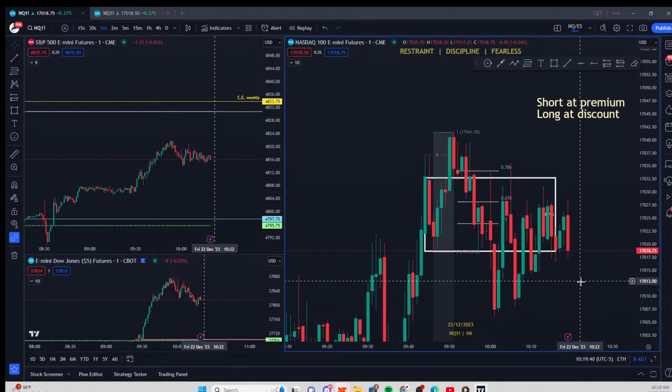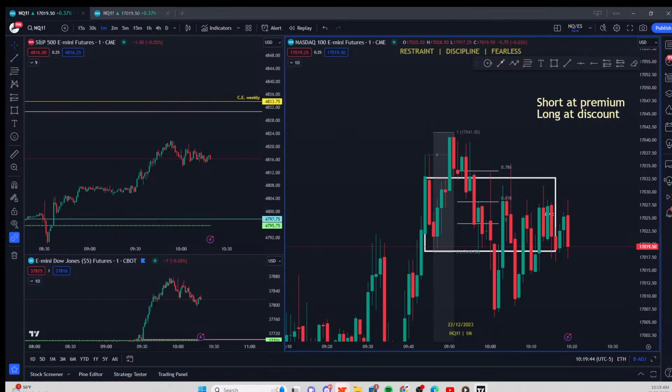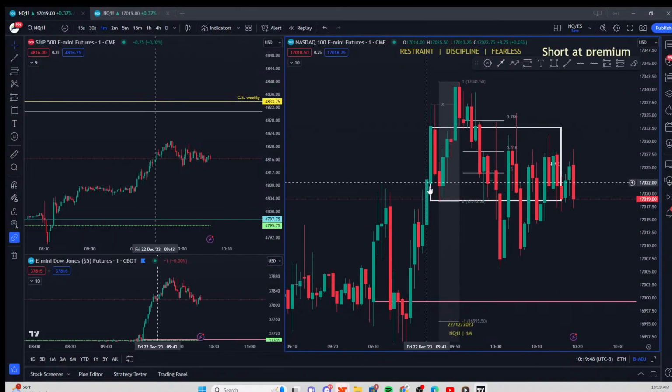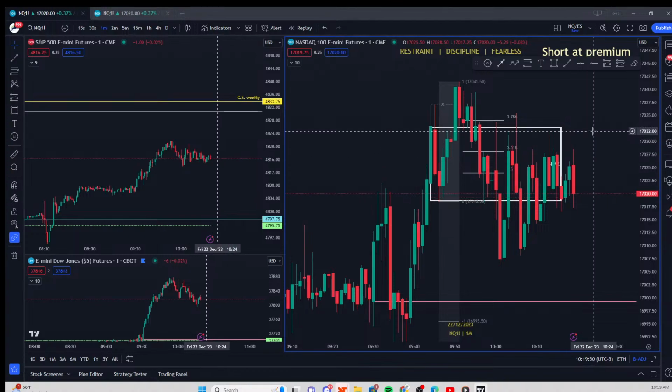Back to premium, coming back below, 10 points lower again. Pretty decent scalper opportunities, if we look at this bearish breaker here, how I drew it out.